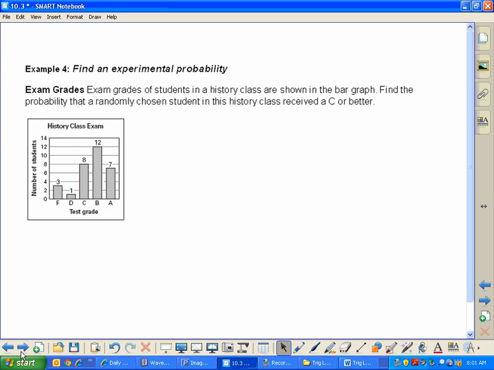So what we have to do is, I always write some sort of verbal model. What I'm trying to calculate here is the probability that a student got a C or better.